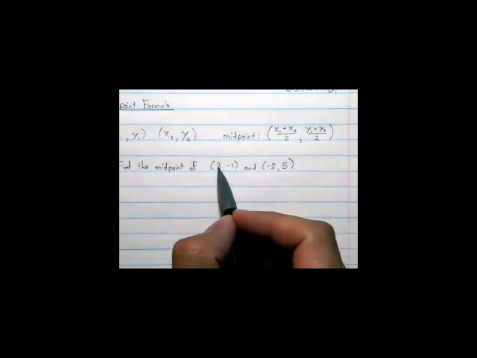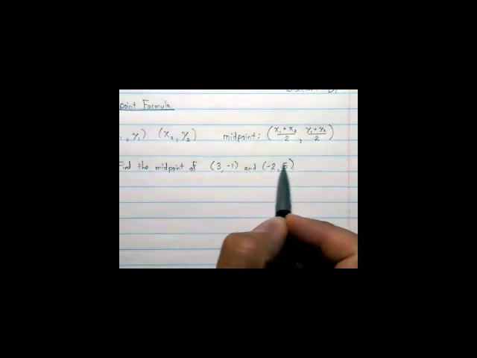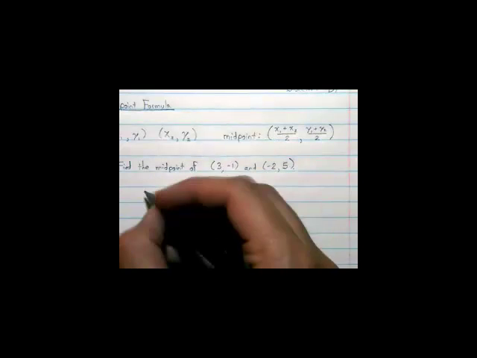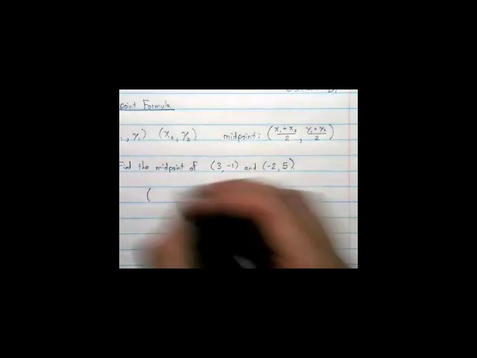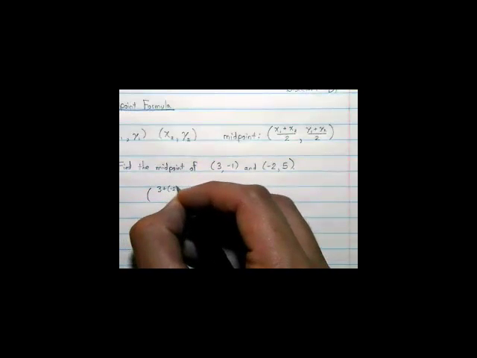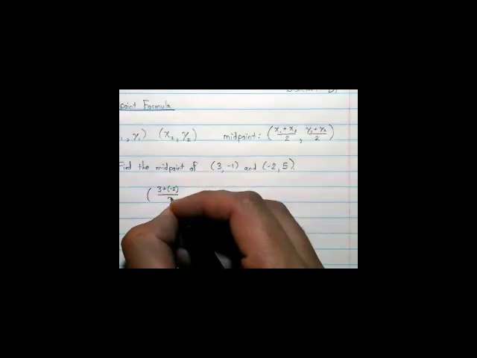Okay, so it's just doing a substitution. Take the 4 numbers, plug them in, crunch the numbers, and then see what we have. So this is your x1, y1, your x2, y2 in these 2 points. If I add my x's and divide by 2, I've got 3 plus -2 divided by 2.